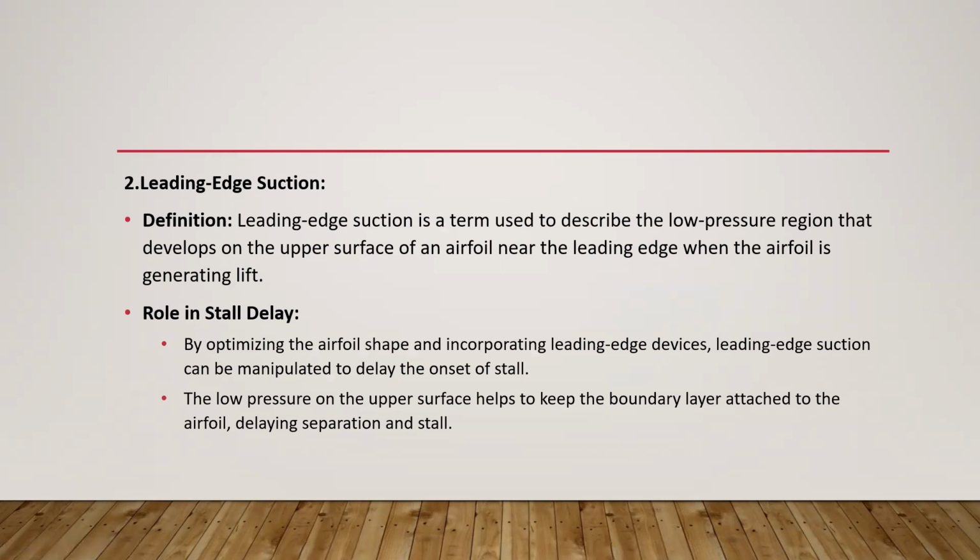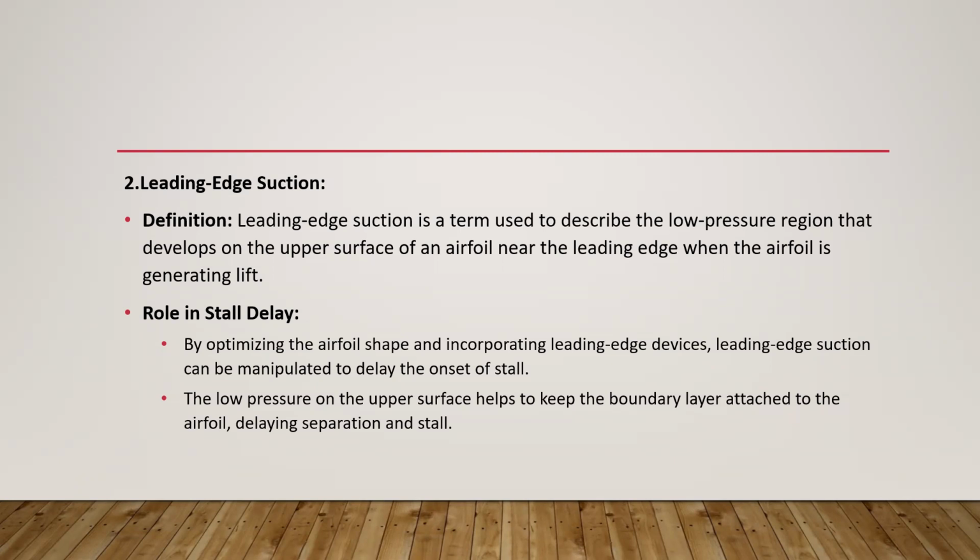Coming to leading edge suction, it is also one of the stall delay methods, and we can see it briefly. Leading edge suction is a term used to describe the low pressure region that develops on the upper surface of the airfoil near the leading edge when the airfoil is generating lift.